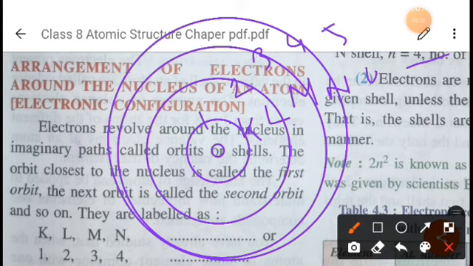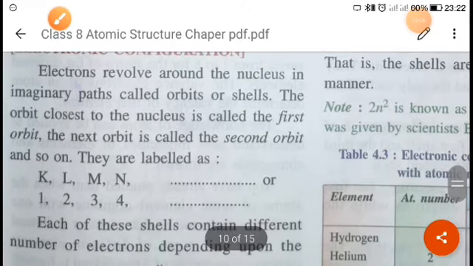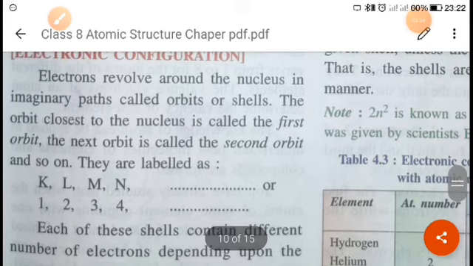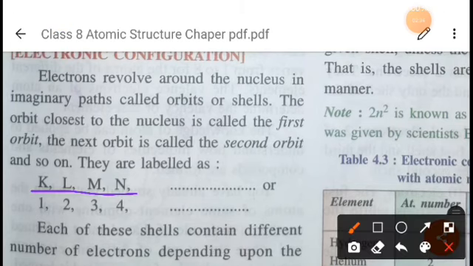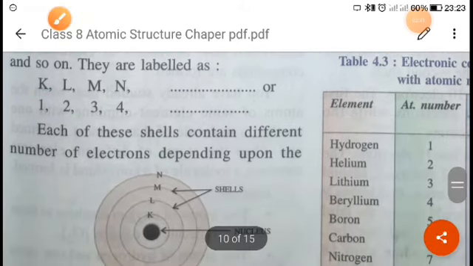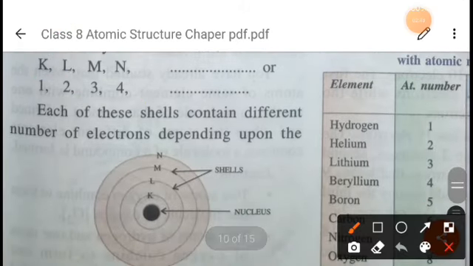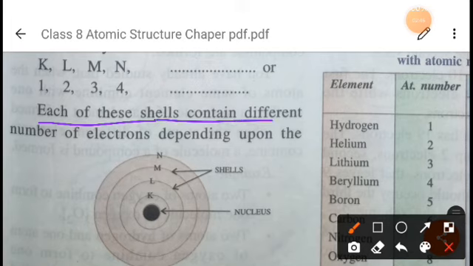We have given the names like this, as you can see here, and they are labeled K, L, M, N, O and so on, 1, 2, 3, 4, right? Now next, as you can see, each of these shells contains a different number of electrons depending upon the amount of energy associated with them.